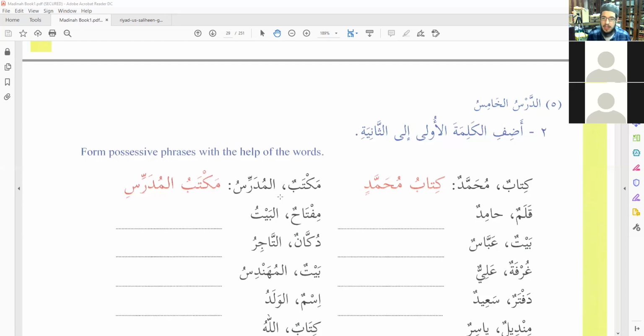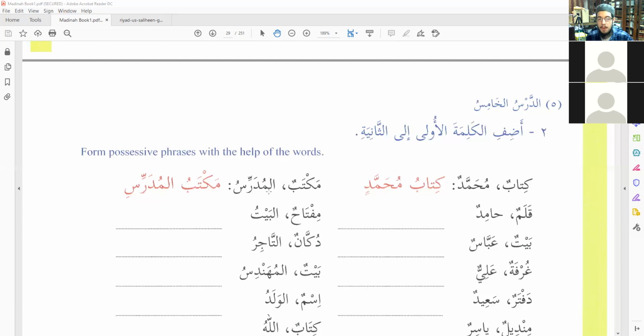Second example over here, notice how it's a little bit different. We've got two columns. First column, proper names. A proper name goes to the genitive case, but it still has tanween. Over here, we have maktabun al-mudarrisu. Because the noun is a common noun, teacher, the teacher, and not a proper name, it's going to have alif lam in front of it.